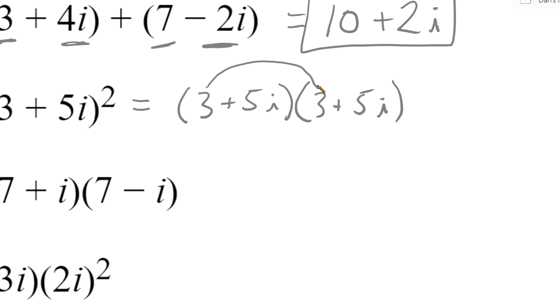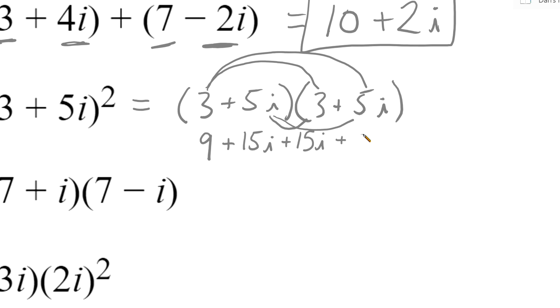So the first one is 3 times 3, which is 9. 3 times 5i is a plus 15i. 5i times 3 is another 15i. And then 5i times 5i is 25i squared.